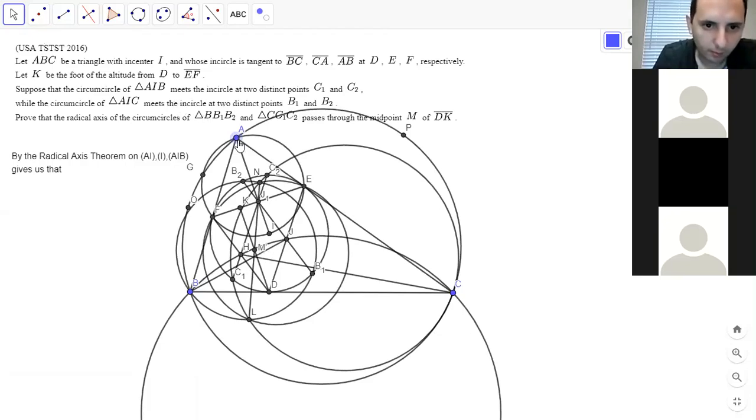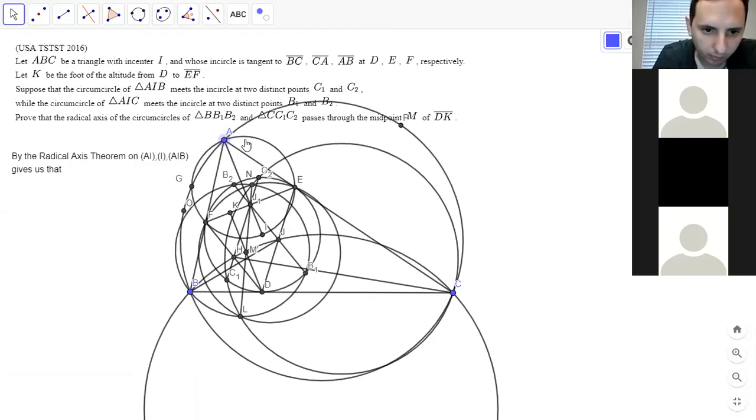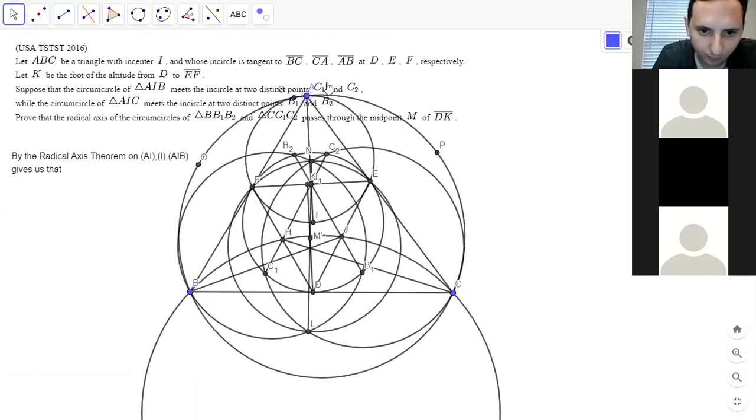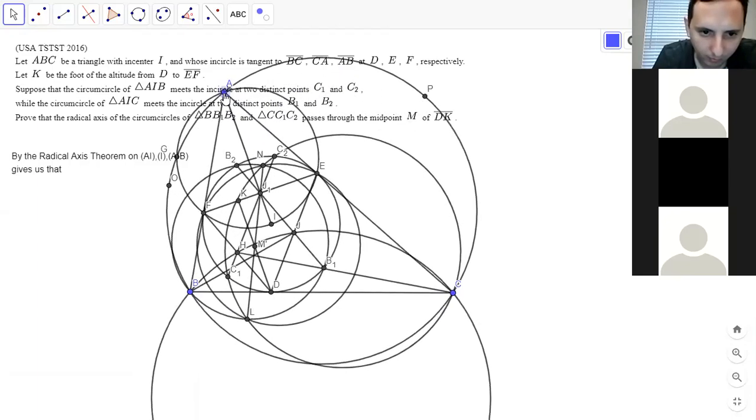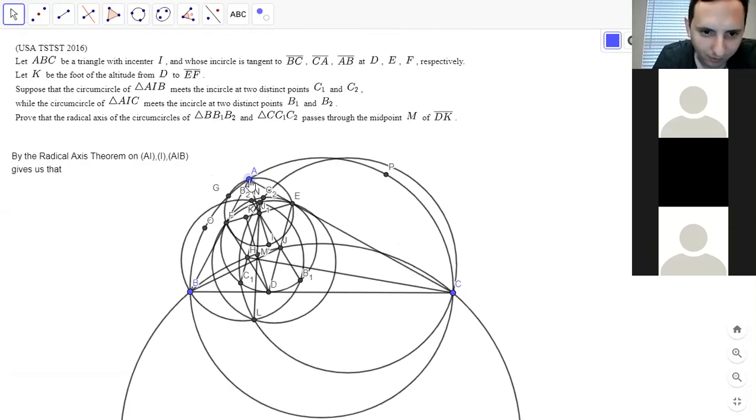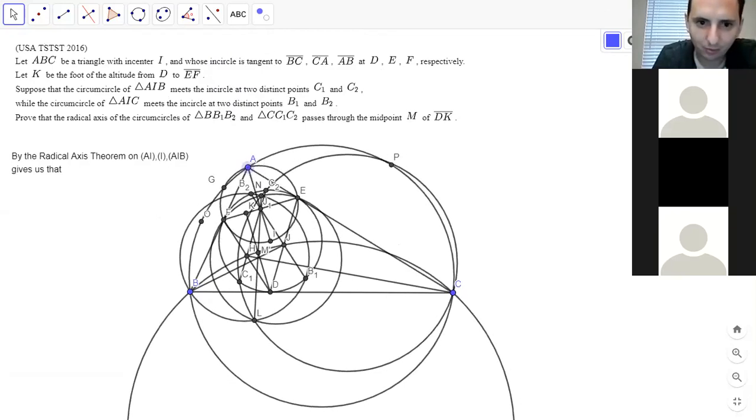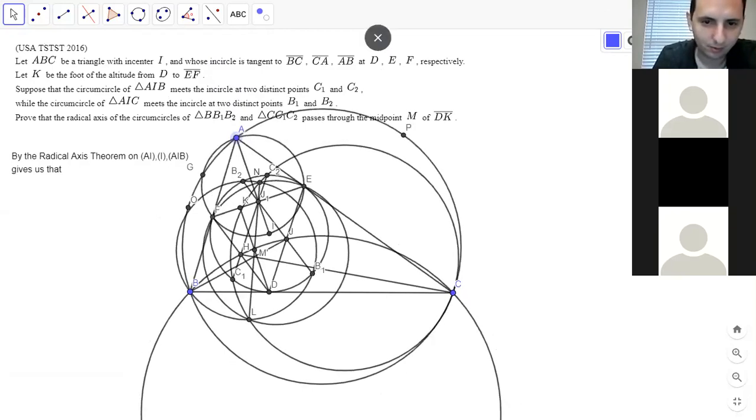So it almost looks like M prime lies on the circle. Yeah, it's hard to make M prime far away from the circle, it's actually really hard. So I'll just leave the diagram the way it was.